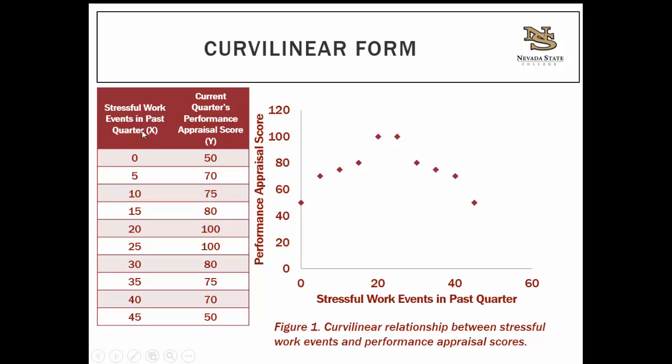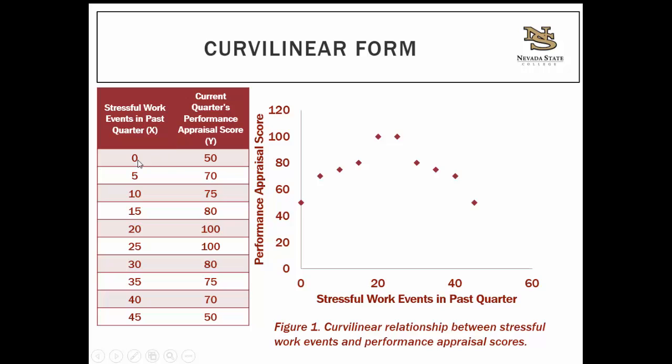We think that is the independent variable and this is the dependent variable. However, we're just basically measuring these all at the same time. We're not manipulating anything. So maybe if you have better performance, then you are experiencing less stress, or maybe if you're experiencing less stress, you have better performance. We don't know which one comes first. But we're assuming that stressful work events is the independent variable based on past theory and research. So we're labeling that X.